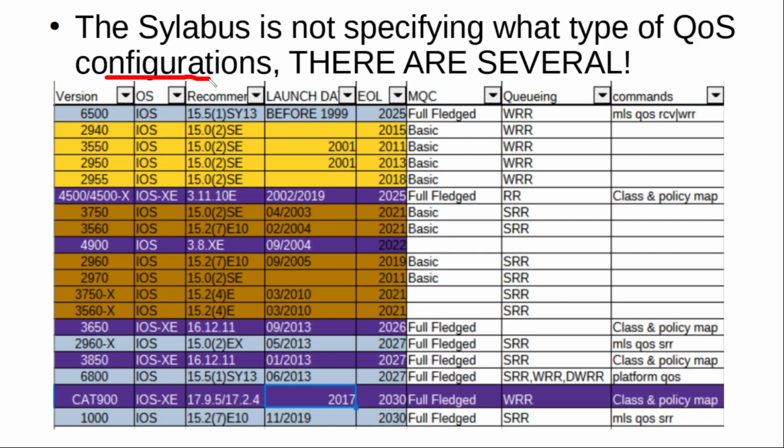So I have assembled these sessions talking about old configurations and the newer configurations available in Cisco Catalyst switches. Notice that there are a series of Catalyst switches that are not available anymore. For instance, the 2940, the 3550, the 2950, the 2955 that have reached an end of life in the previous decade.